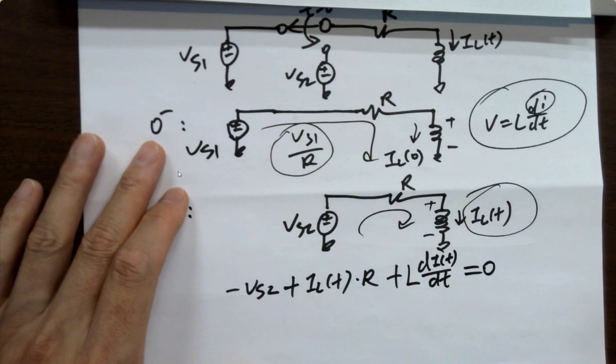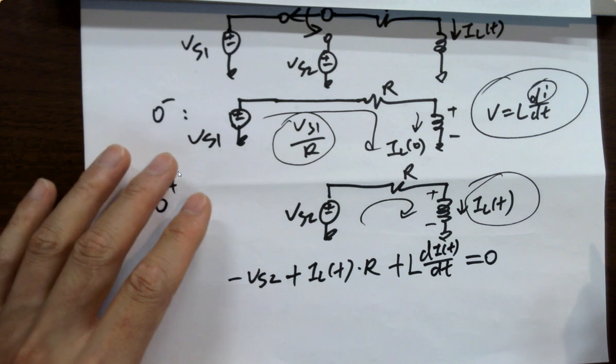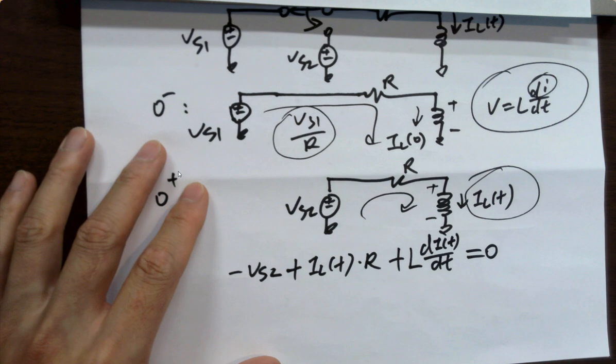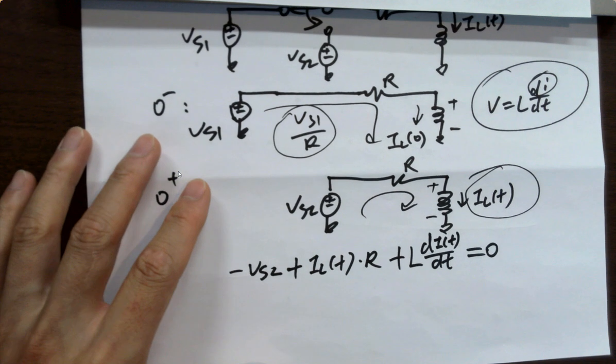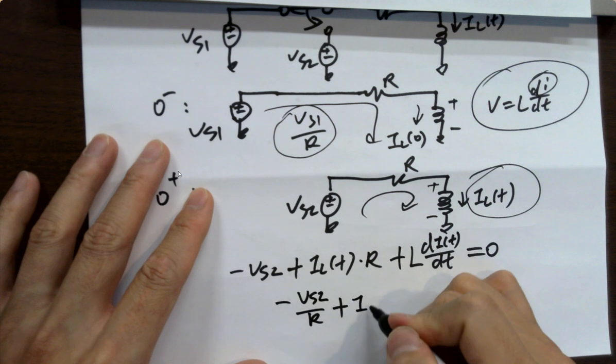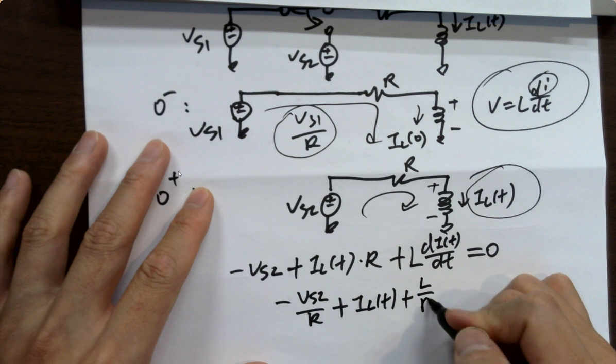Equals what? 0. So let's move things around. Divide by R first: minus Vs2 over R plus i_L(t) plus L over R.